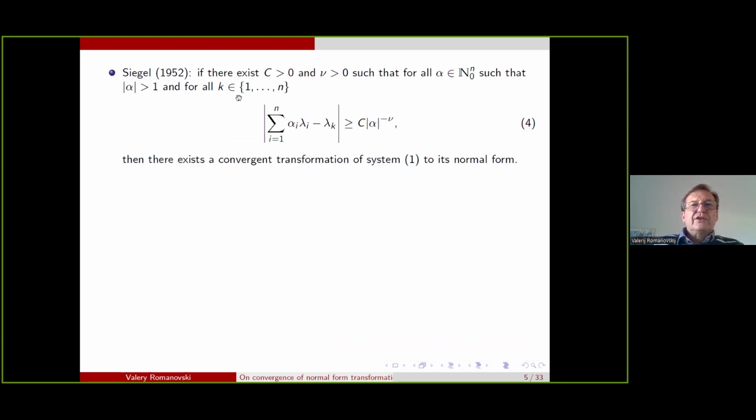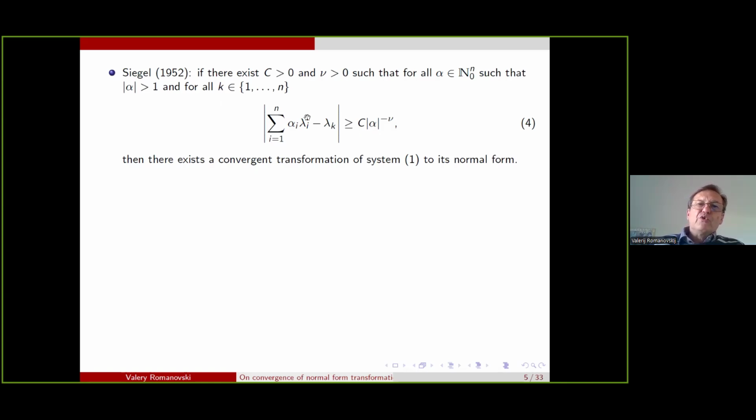Another condition is due to Siegel. The condition of Siegel is such: if there exist constants C and nu such that for all alpha with absolute value of alpha greater than 0, and for all k from 1 to n, we have this condition, then there exists a convergent transformation of system 1 to its normal form.